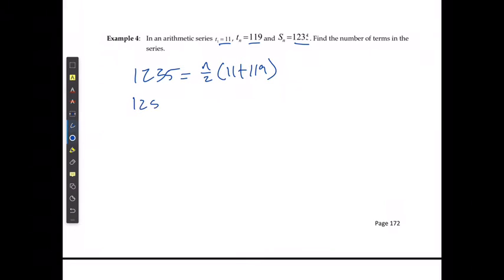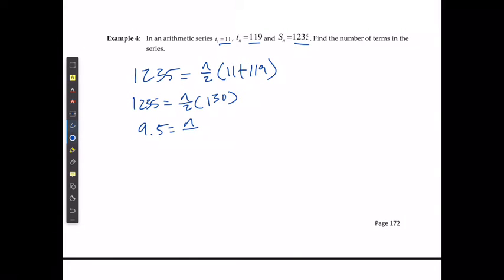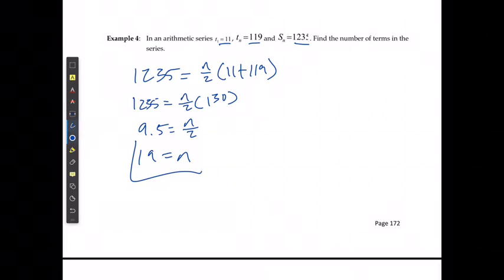Or 1235 is equal to n over 2 times 130. 9.5 is equal to n over 2, and then I just double it. There's 19 terms.